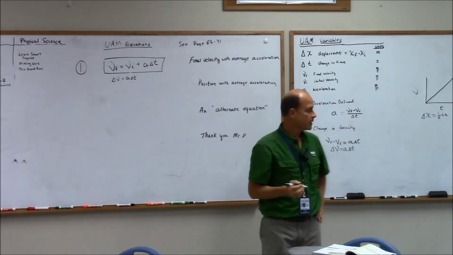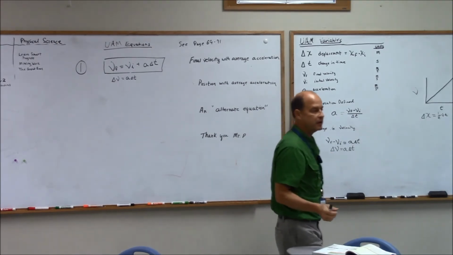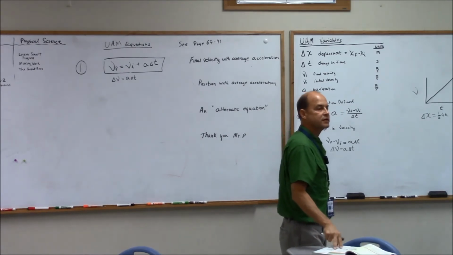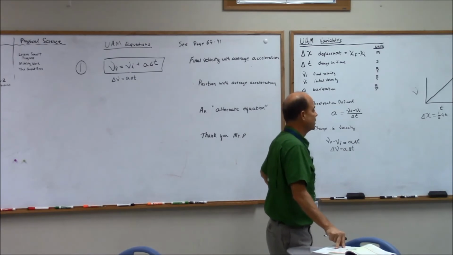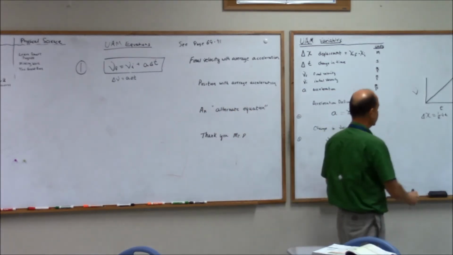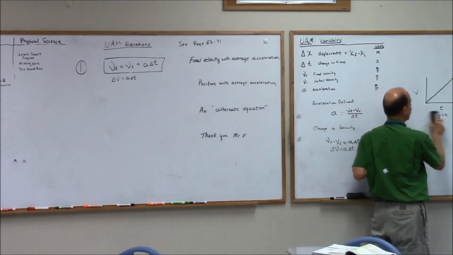This is where I get a little bit bogged down. If you get confused, go to page 71 in your textbook, and they do a really good job of explaining this. I'm trying to get to our next uniform accelerated motion equation. Let me take this a step further.